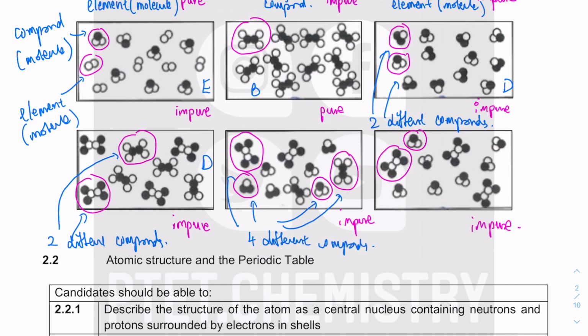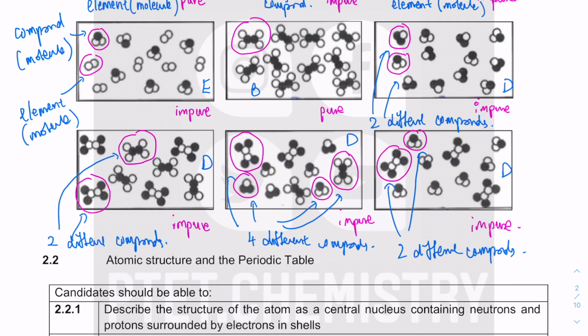Again, it's a mixture of compounds. And this is two different compounds. So this is again a mixture of compounds. When you see that it's impure, you know it's a mixture. Impure substances must be a mixture, but it's a question of: is it a mixture of elements, mixture of compounds, or mixture of elements and compounds?